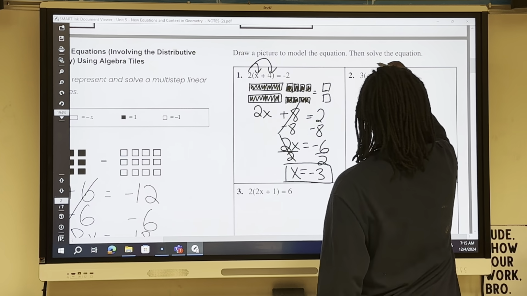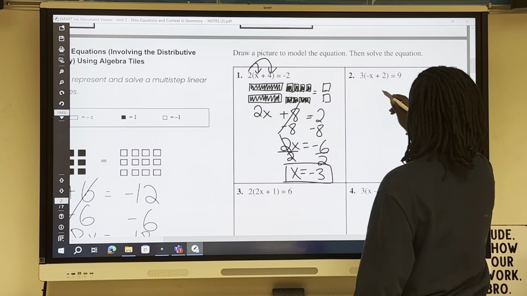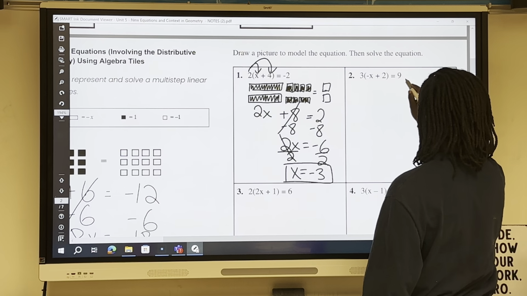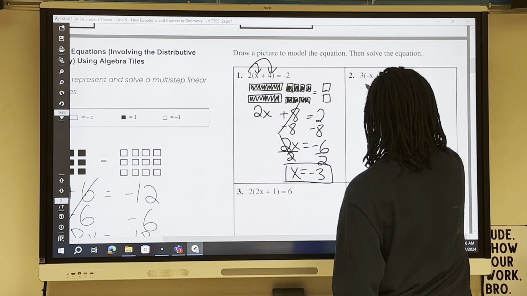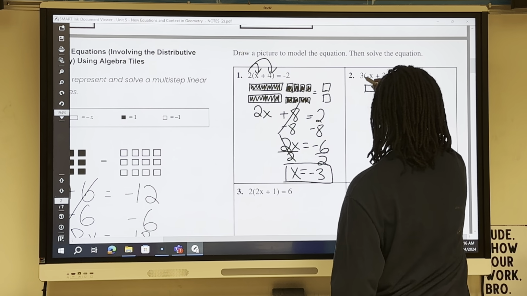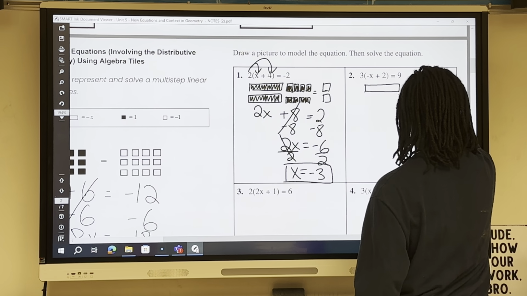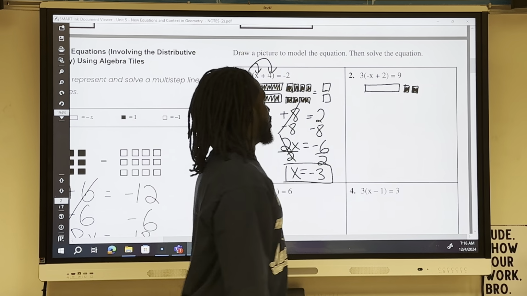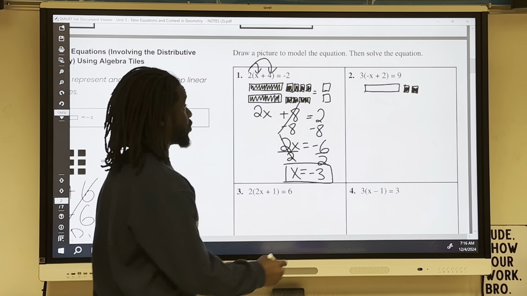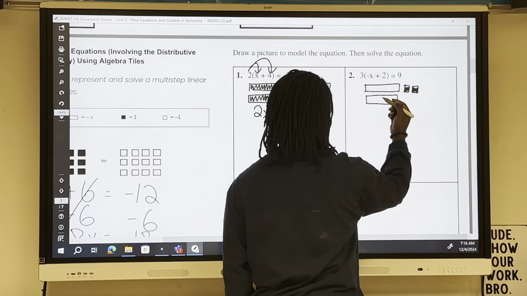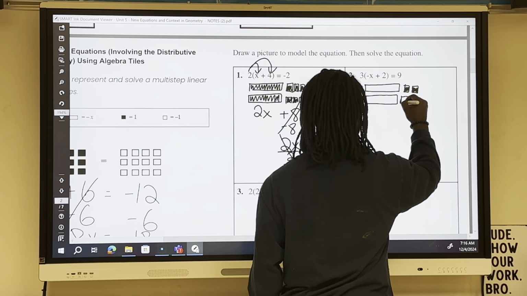All right, and then let's look at the last one. We have 3 times the sum of -x plus 2 equals 9. All right, so I got 3 groups of positive 2. So I got to draw 3 groups of that, right? And again, this negative is unshaded.